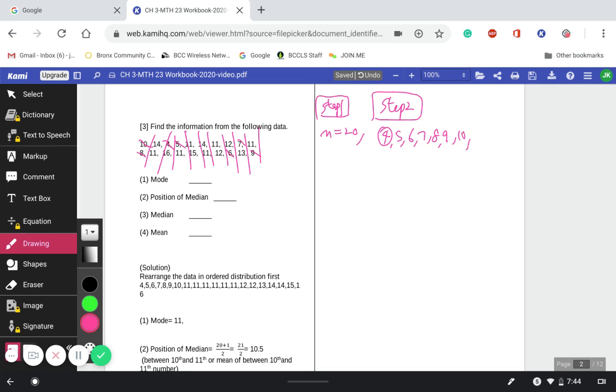So far I have 1, 2, 3, 4, 5, 6, 7 numbers. And then I have a bunch of 11s. 1, 2, 3, 4, 5, 6. Oh, I have six 11s. So I'm going to write six 11s.